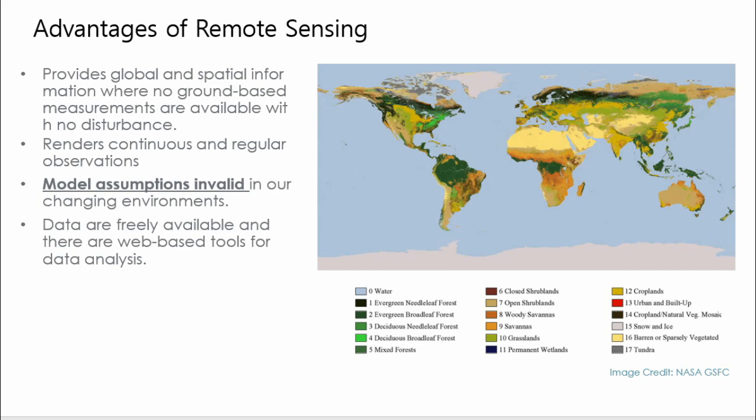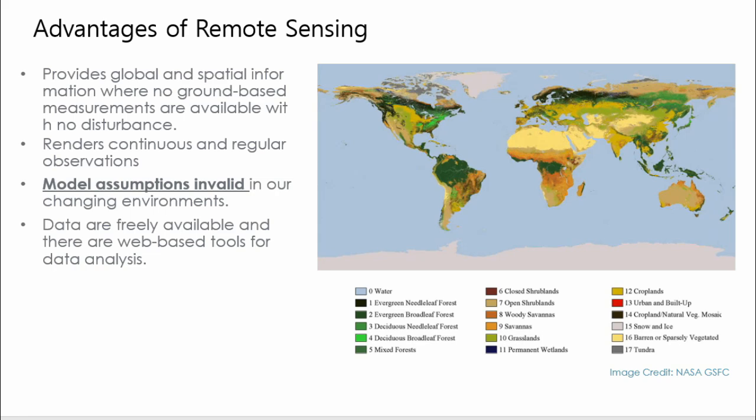Remote sensing and satellites can provide global and spatial information when no ground information is available, with no physical disturbance or contact. It provides continuous, regular observations. And in our changing environment, sometimes the assumptions that we made for the model are not appropriate.